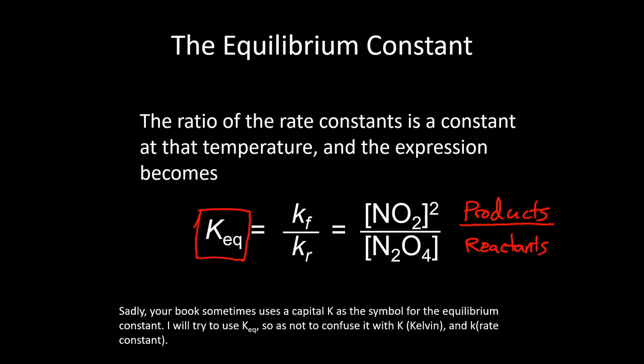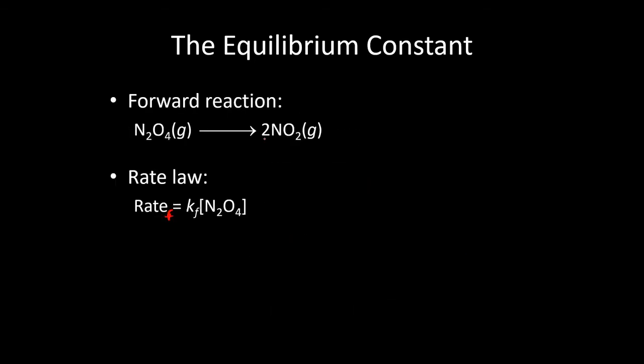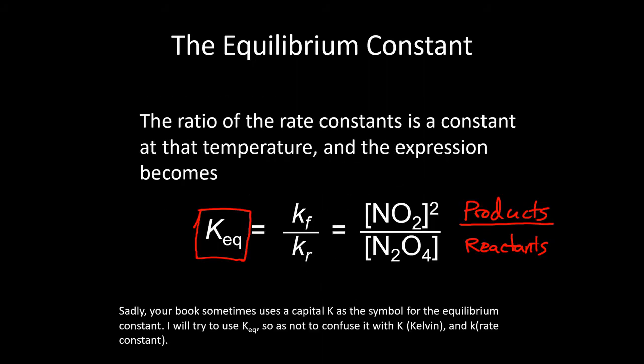The equilibrium constant is equal to the products raised to their coefficients divided by the reactants raised to their coefficients. In this case, NO2 had a coefficient of 2 in the equation, and so the NO2 is raised to the second, and the N2O4 is left as just a single N2O4.